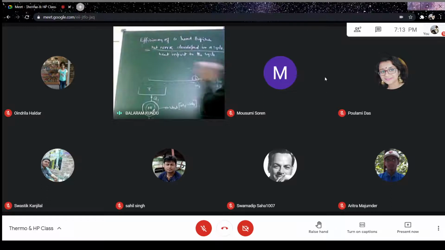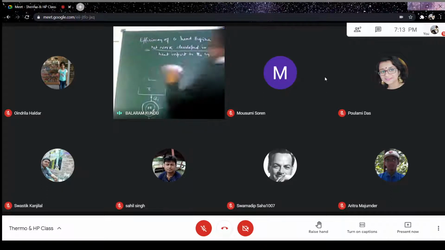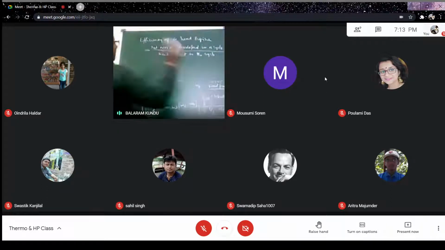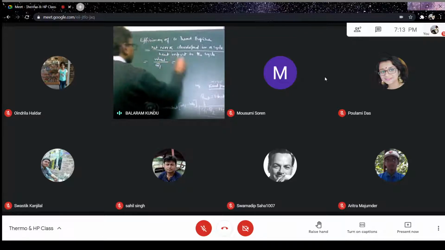In a simple way, you know these things from your HS level. The net work developed in a cycle is W net here, and the heat input to the cycle is Q1 in this case.